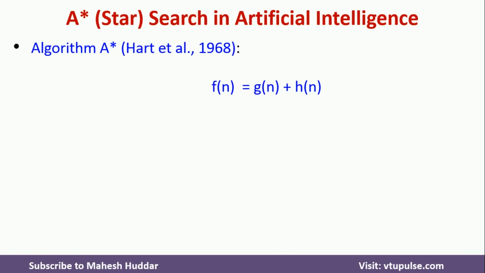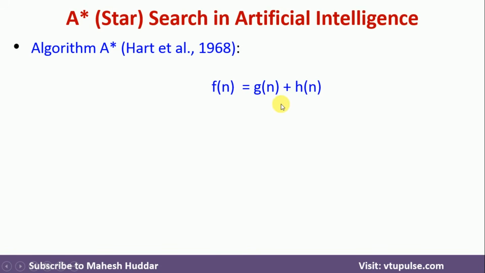But in the A-star search algorithm, we use this equation, which contains two components, g of n and h of n. g of n is the distance between the initial node and the node n, and h of n is the heuristic value, that is, the estimated value from node n to the goal node.